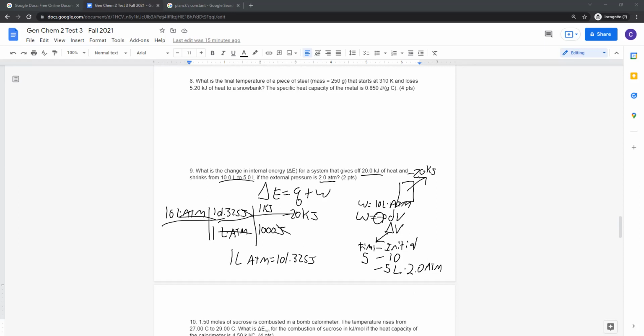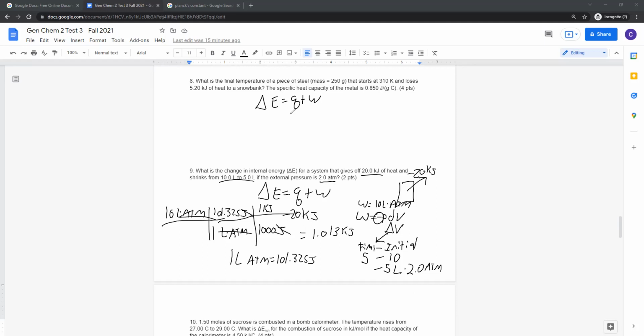So this is 10 times 101.325 divided by 1,000, which is, doing that calculation, I got 1.013 kilojoules. So I'm going to rewrite my equation up here.